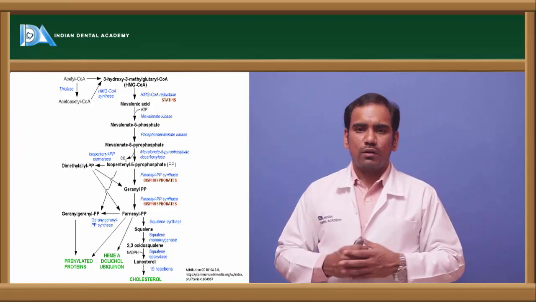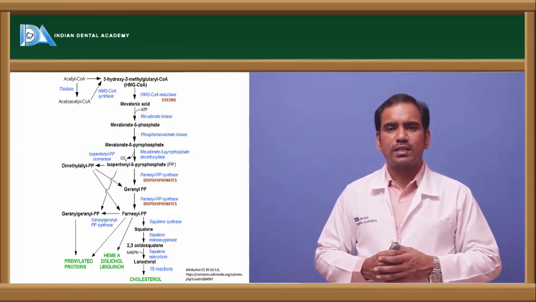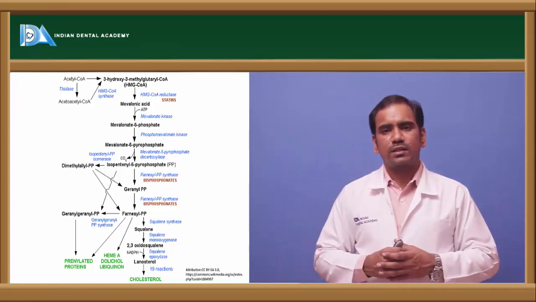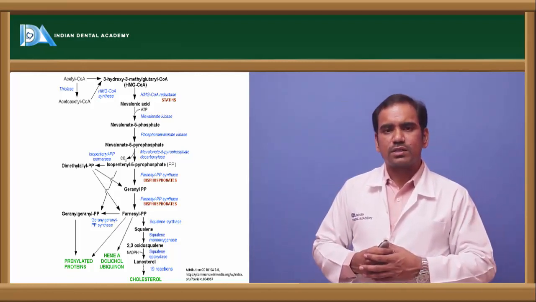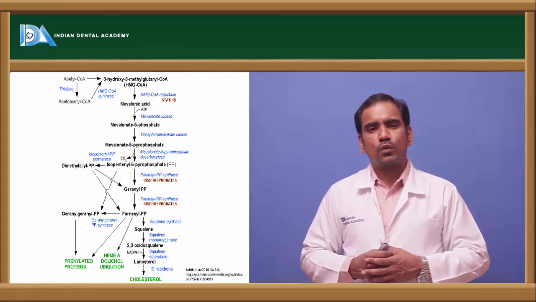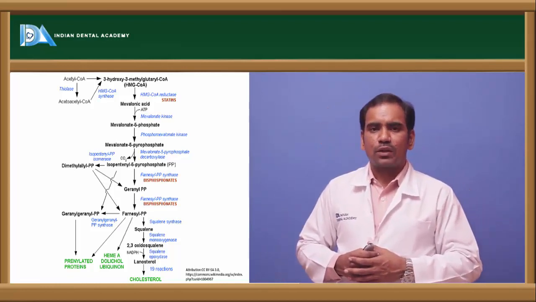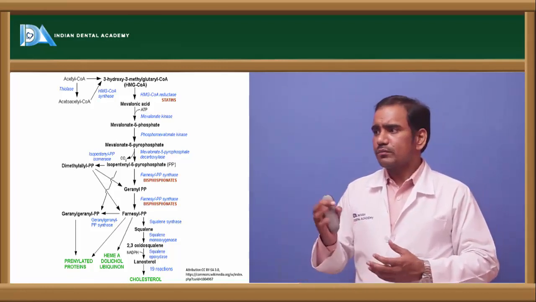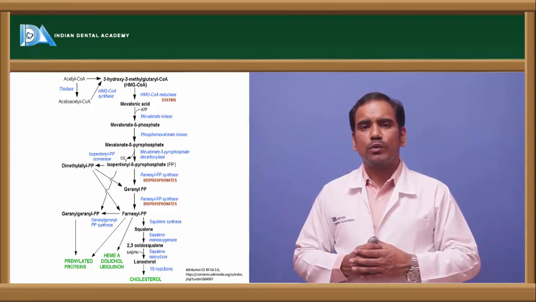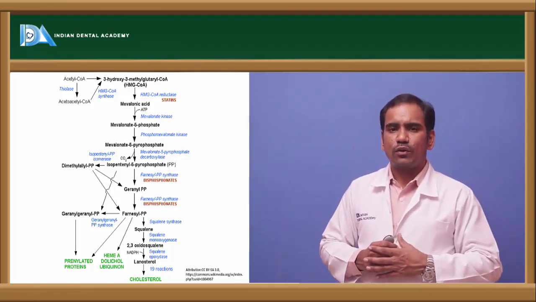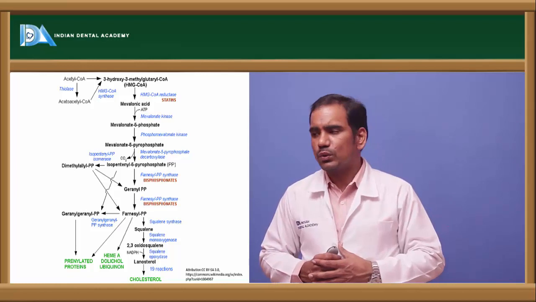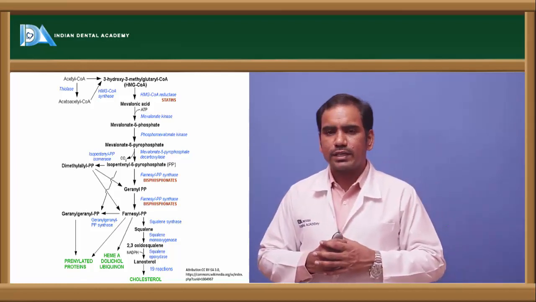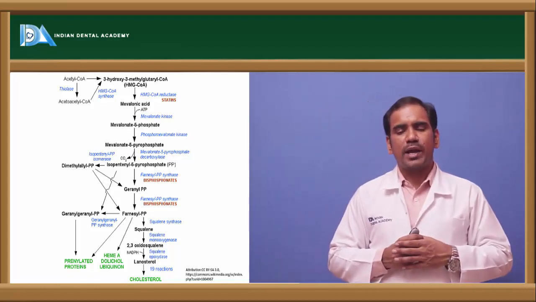Next, one more kinase converts it into mevalonate 5-pyrophosphate, and one more kinase converts that into mevalonate 3-phospho-5-pyrophosphate. Once it is converted into mevalonate 3-phospho-5-pyrophosphate, it undergoes decarboxylation and is converted into isopentenyl pyrophosphate.